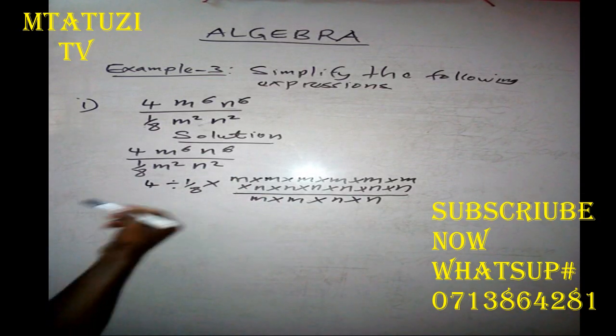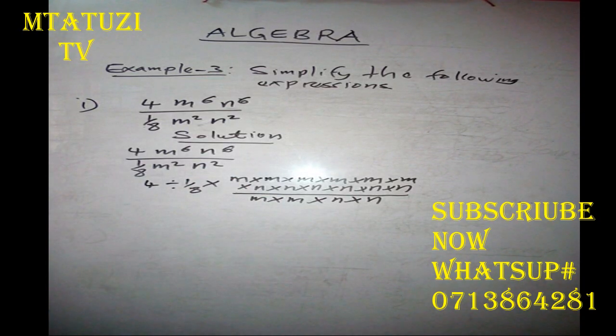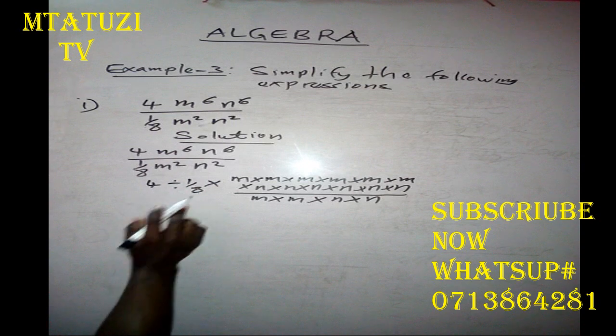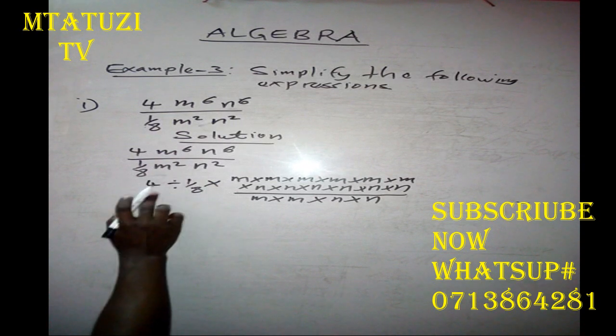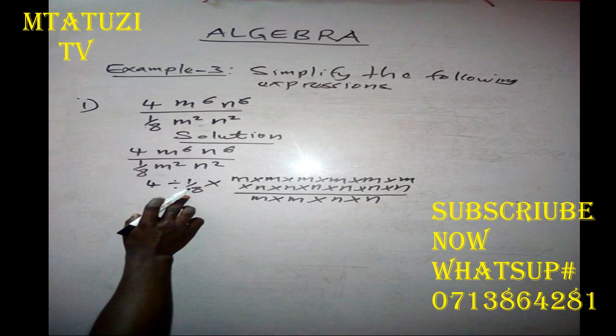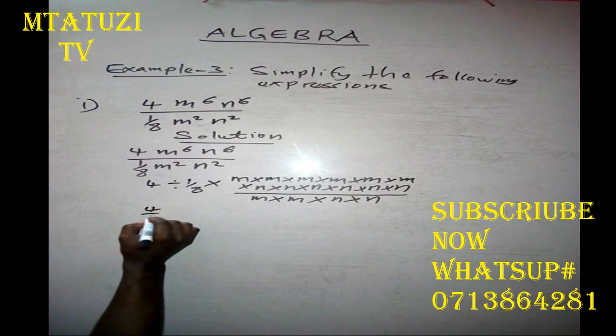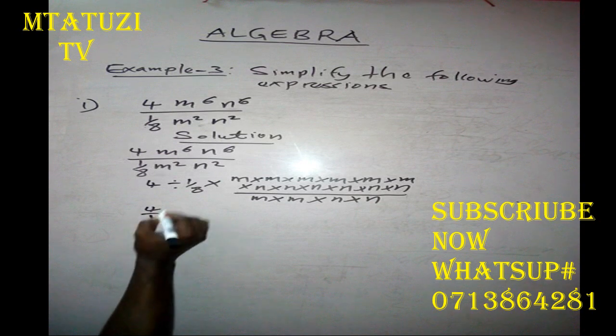So now we divide as usual. Start with numbers. Take 4 divided by 1 over 8. You know this is just a fraction. To divide a whole number by a proper fraction, you take 4 and put it over 1, then change the operation.